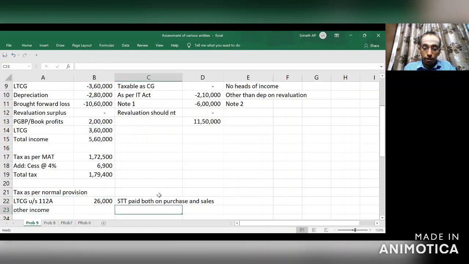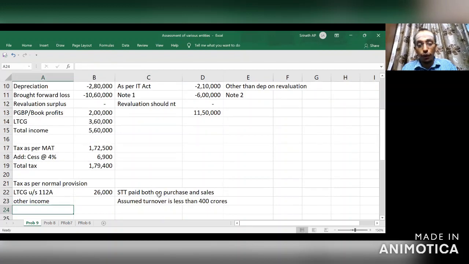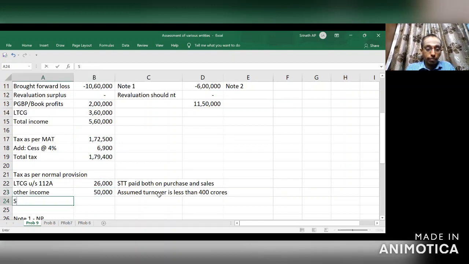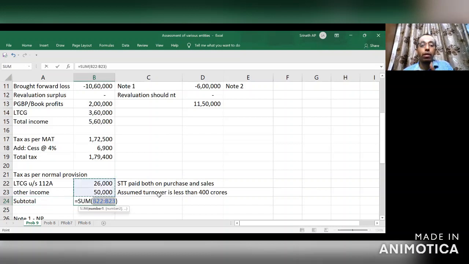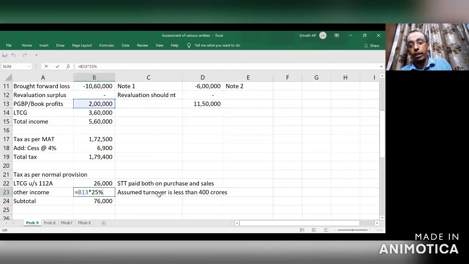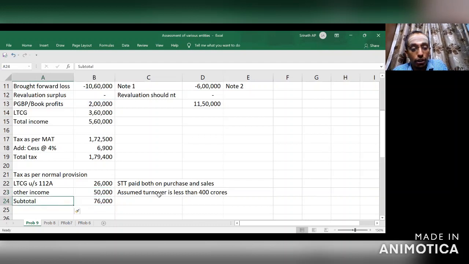Other income, assumed turnover is less than 400 crores. All are in lakhs, therefore we are assuming this. We can also assume the other way. Business income multiply by 25%, because long-term capital gain we have taken separately, will be 50,000.